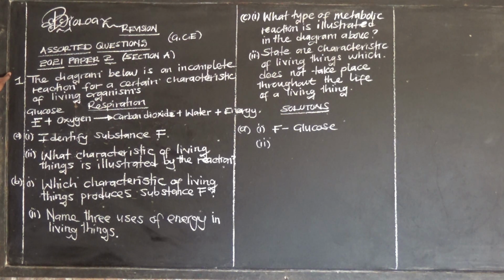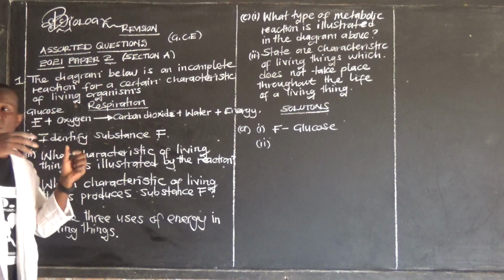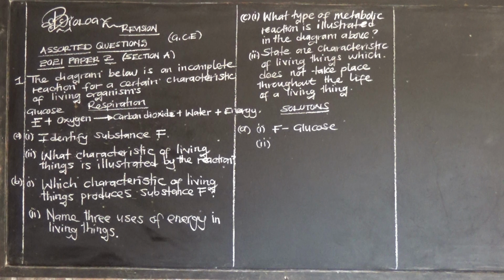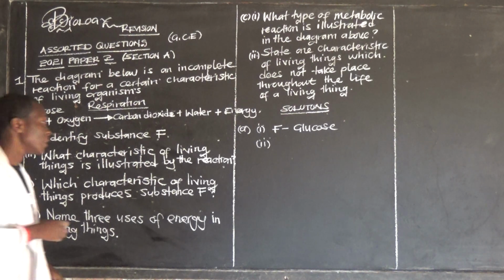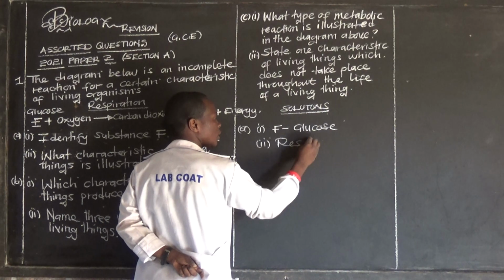We have reproduction, locomotion or movement, excretion, growth, nutrition. But they're saying which characteristic is illustrated here. This one is respiration. The answer is respiration. I hope you got this one correct, people.